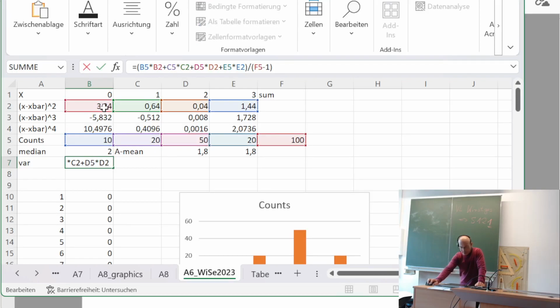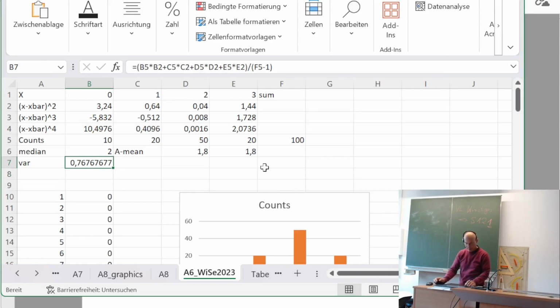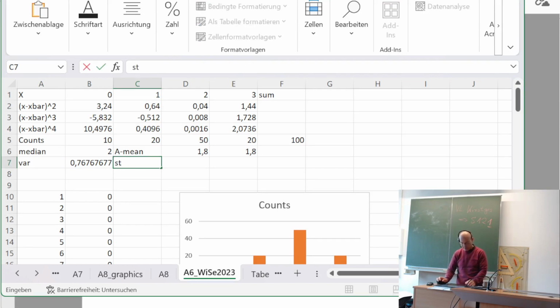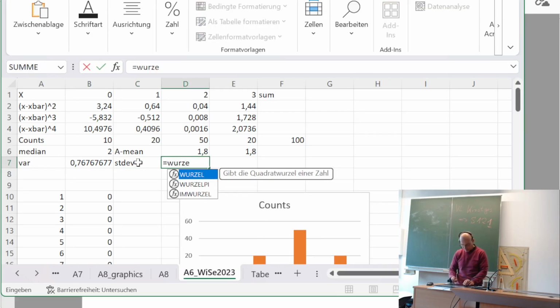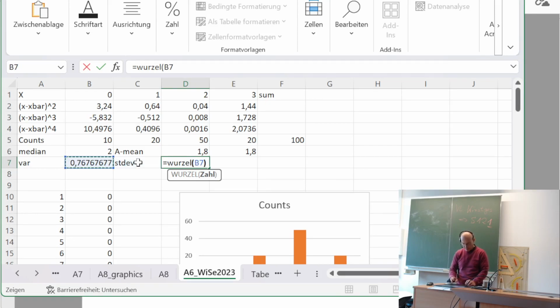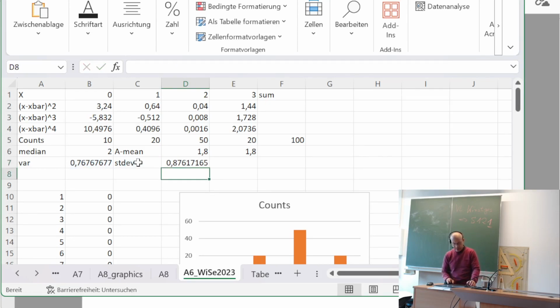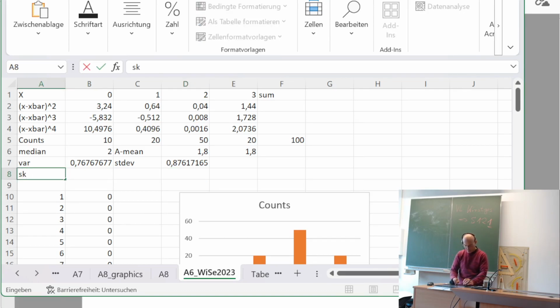Click in here, yeah, this times this, this times this, this times this, and so on. So then the standard deviation is just the square root of this. And now we need the skewness.